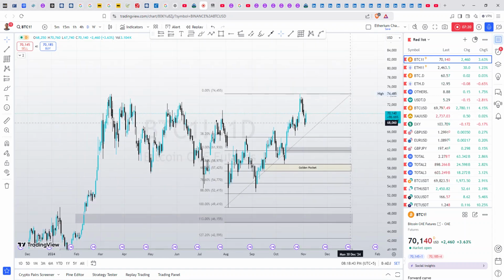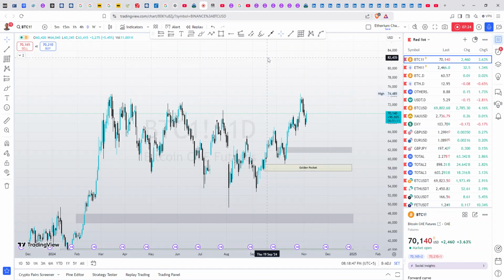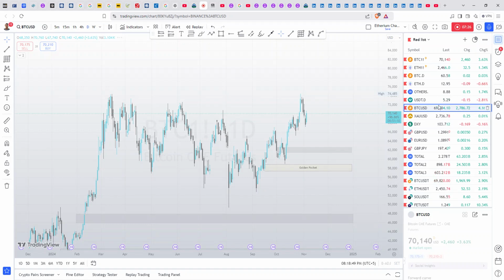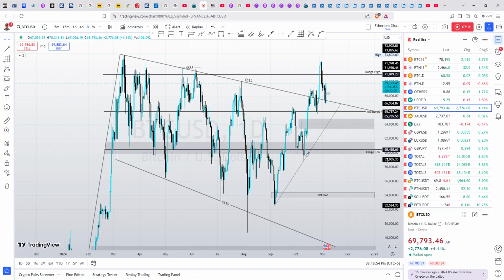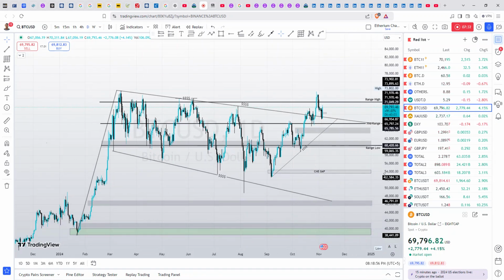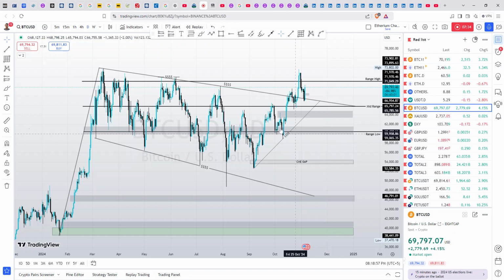So if we follow the big time frame, like one day, let me just show you on the CME charts. This is not a clear breakout, but it seems like it got a retest.